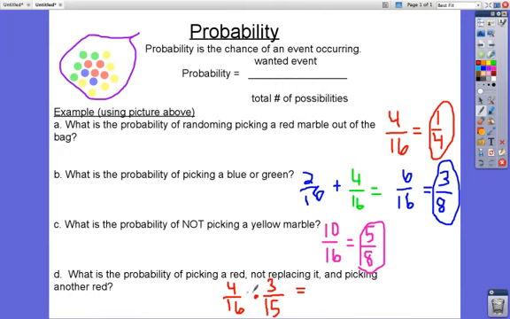So 4 times 3 is 12. And then you would want to multiply 16 times 15. If you do this correctly, you should get 240.